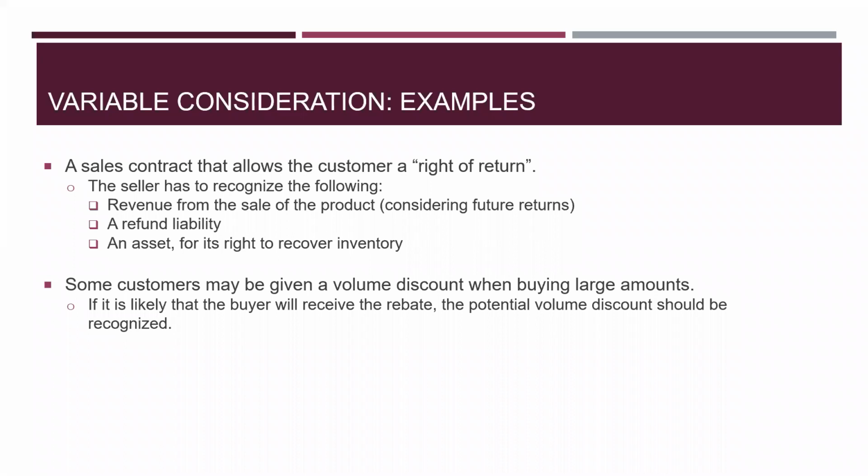If the customer returns something to the seller, it goes back into the inventory. So they will set up two different things. One is the revenue from the sale of the product, but at the same time, they would recognize a liability and an asset for the recovery in future of the returns.